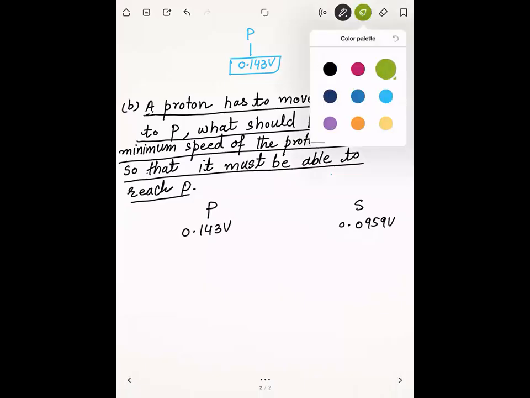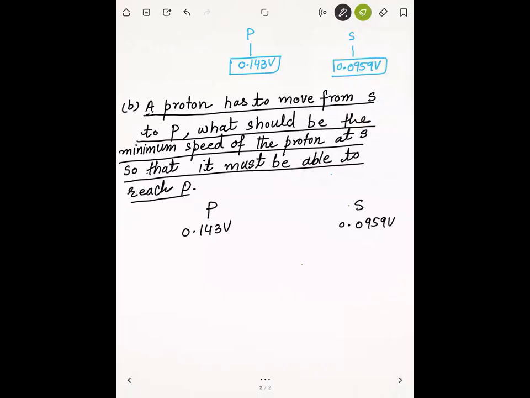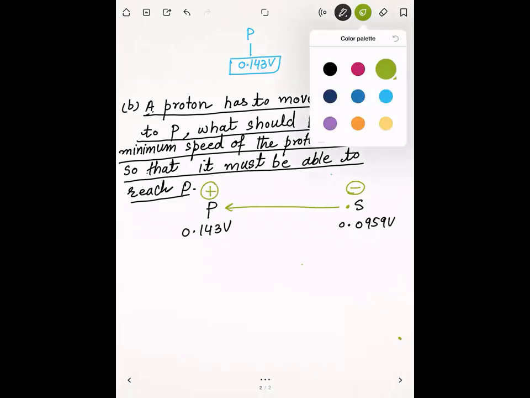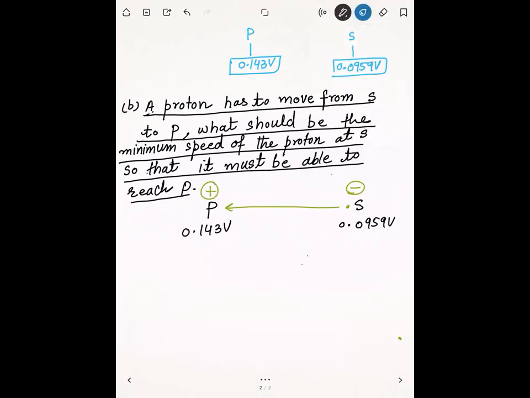Now a proton, when it moves from S to P, is moving from low potential to high potential. S is relatively negative as it is at low potential, P is relatively positive as it is at high potential, and you see proton is a positive charge. So a positive charge is moving towards high potential.